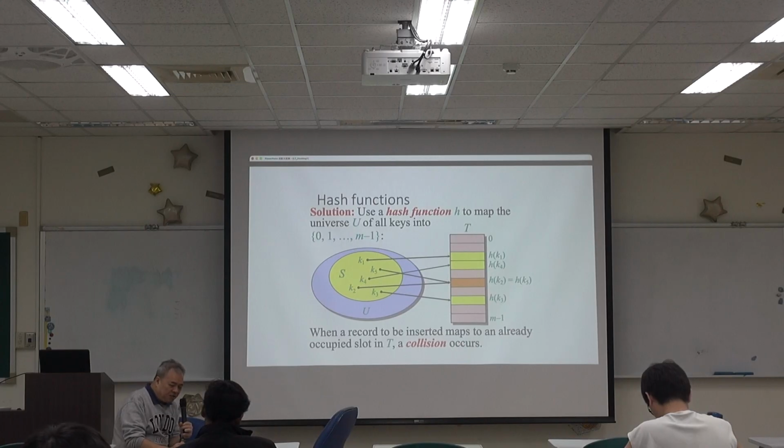So basically, just like sorting, hashing has many different approaches, many different schemes. But it's not like sorting, it's not so complicated.